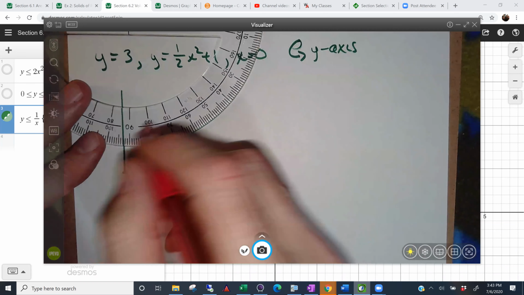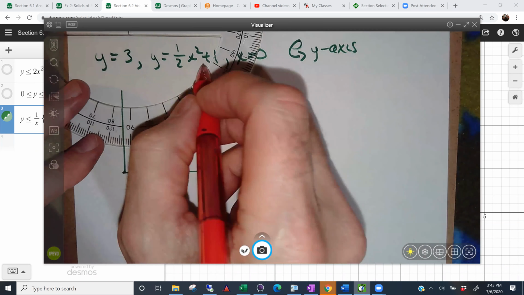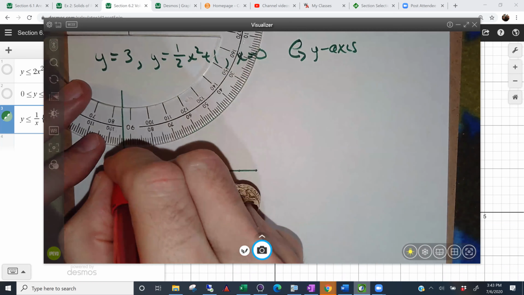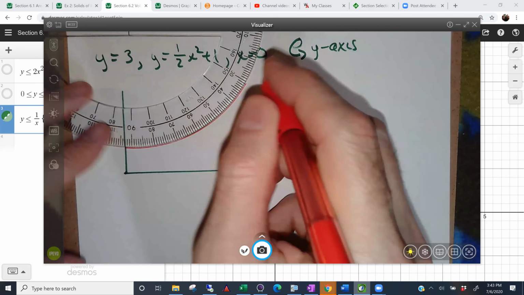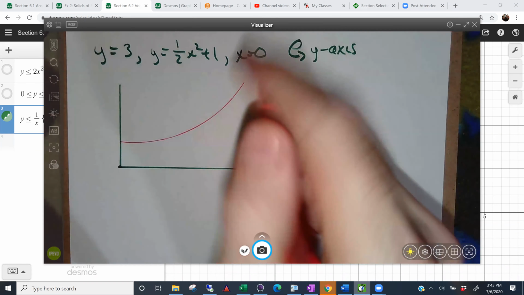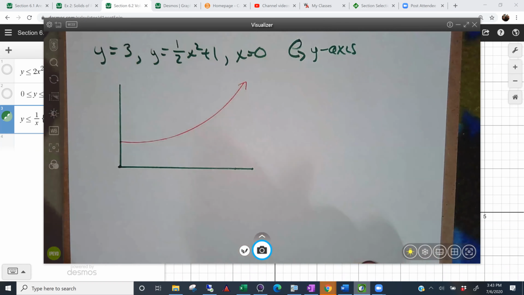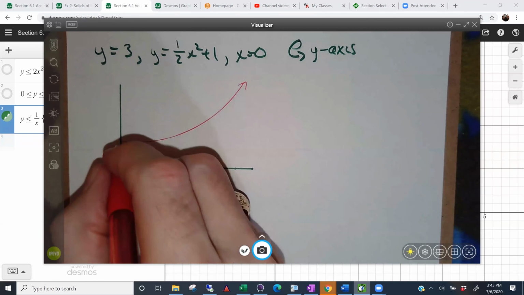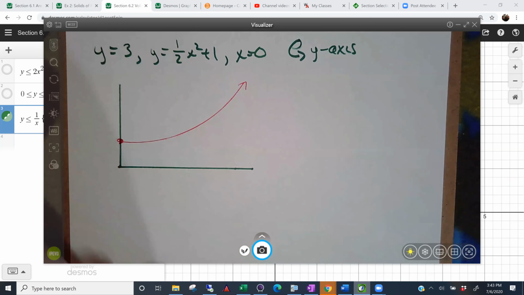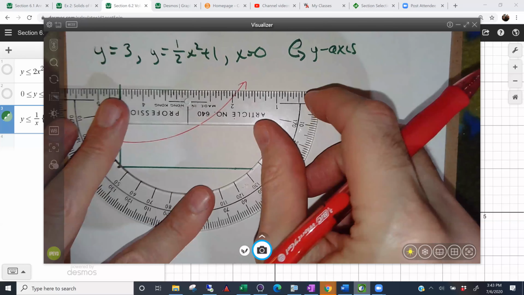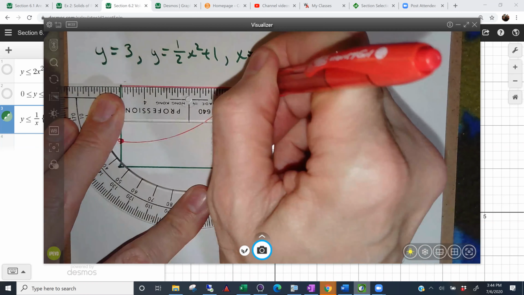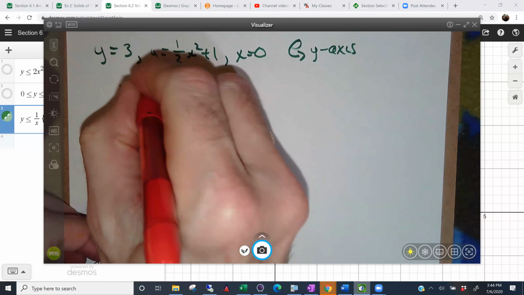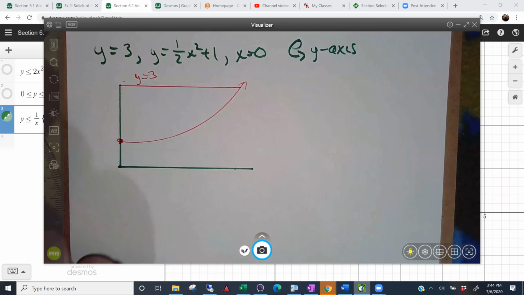So this graph, 1/2 x squared plus 1, is going to be the graph of a parabola with a y-intercept of 1. So something kind of like that. Really lazy, wide opening parabola with a y-intercept of 1 right there. And then y equals 3 up at the top. So the area between is what we want.